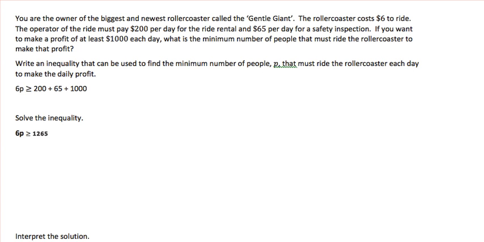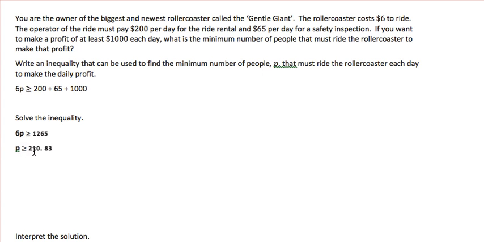And then we divide by 6, and find our answer to be 210.83, and the 3 repeats. Now that's the solution of the inequality.